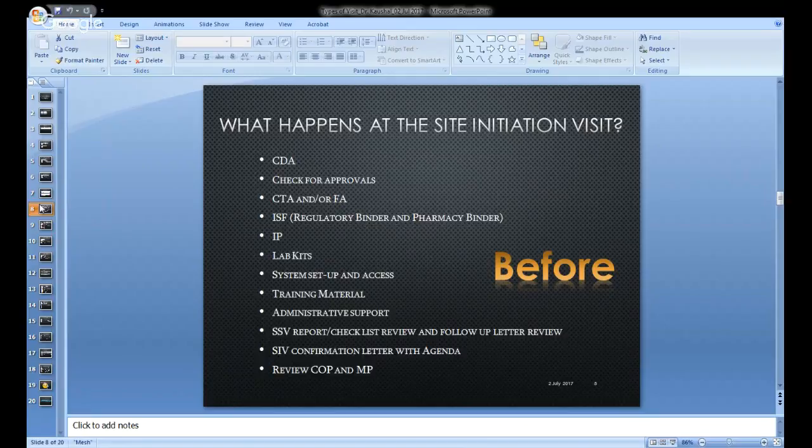Why is this important? Because now your site is trained and your site is ready to start with the enrollment. So on the date of site initiation, there should be nothing pending at the site. Ensure that everything is available, ready to use, and the final executed documents.